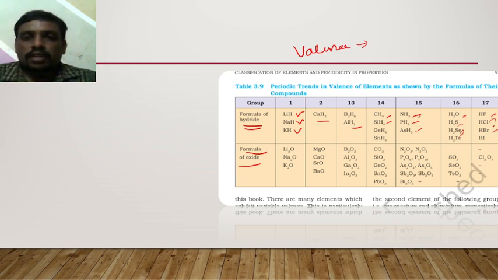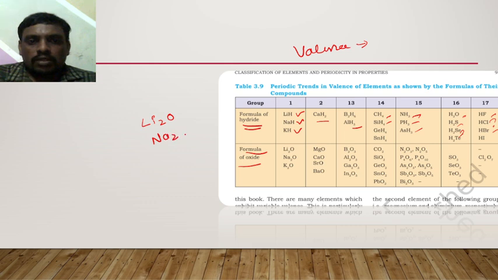For group 17: hydrochloric acid, hydrogen bromide, hydrogen iodide, hydrogen fluoride, etc. For oxides: lithium oxide, sodium oxide, potassium oxide, and in group 2, magnesium oxide, calcium oxide, strontium oxide, barium oxide.